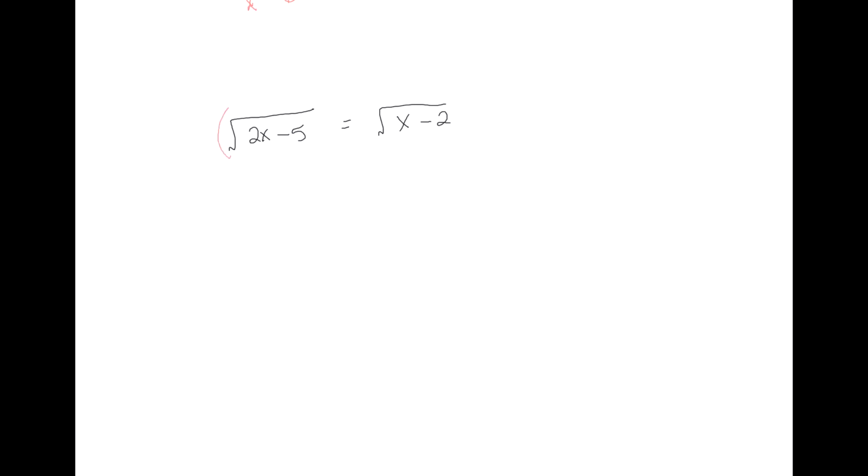I'm going to square this, and I'm going to square the other side. Which brings out the x minus 2 and gets rid of the square root sign. Brings out the 2x minus 5 and gets rid of the square root sign.